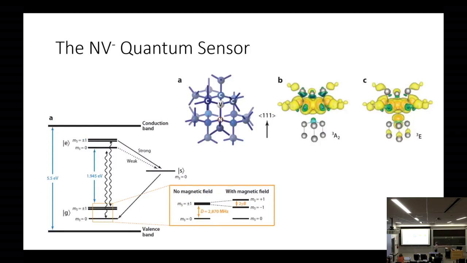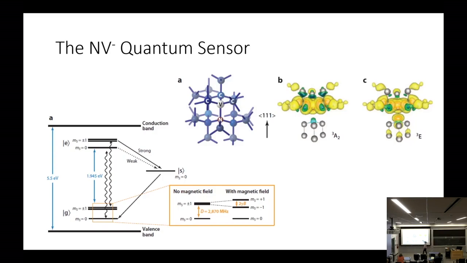So on your reading quiz, I asked you a little bit about how NV centers store quantum information. And a few people asked about the structure of these NV centers earlier this week. And so I wanted to just show a clearer image of the molecular orbitals, or the electron density, in the ground and excited state of these qubits.